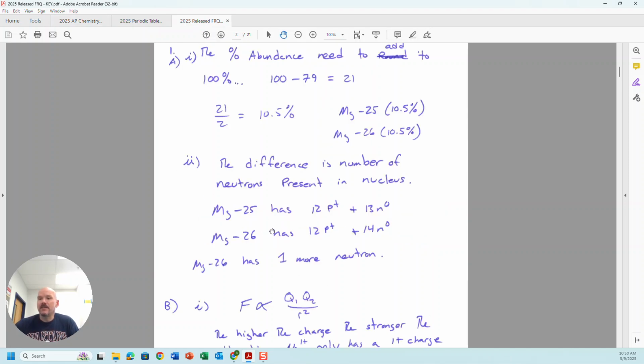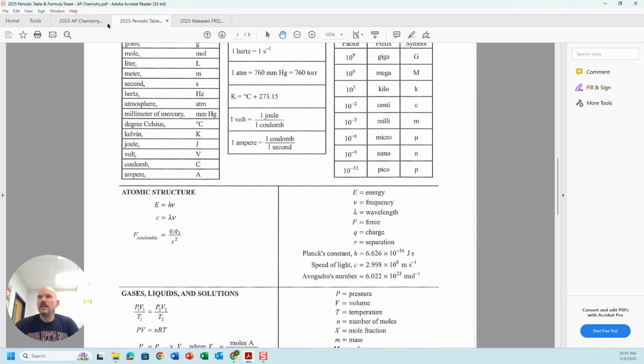I think you could just say magnesium 26 has 1 more neutron than magnesium 25. But if you want to add a little bit more detail, the number that you're given is the mass number, which is protons plus neutrons. Since they're magnesium, they have to have the same number of protons. So what's the difference? Different number of neutrons.